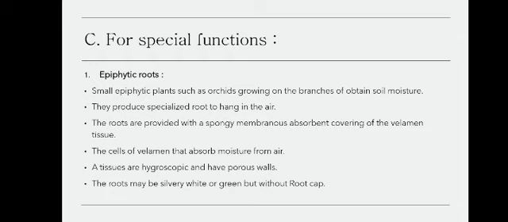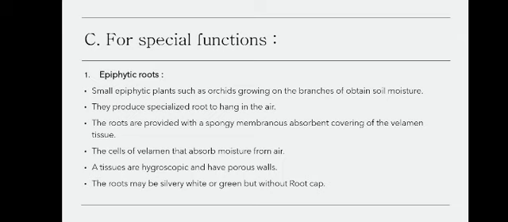C. For special functions, epiphytic roots. Small epiphytic plants such as orchids growing on the branches of trees obtain moisture from the air. They produce specialized roots that hang in air. The roots are covered with a spongy, membranous absorbent tissue called velamen. The cells absorb moisture from the air, the tissue is hygroscopic and has porous walls.